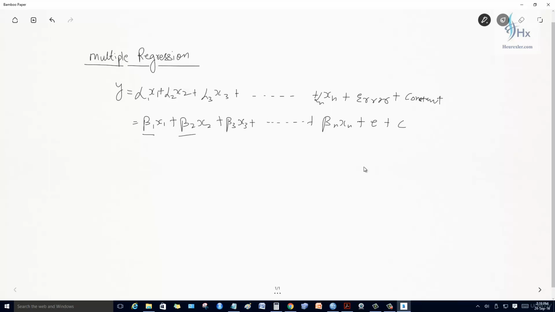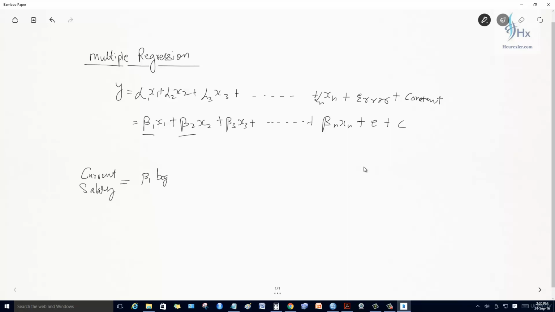Now what was our case? We wanted to predict the current salary of the employee. So we will write our multiple regression equation as current salary is equal to beta 1 into beginning salary, taking one variable as the beginning salary of the employee.